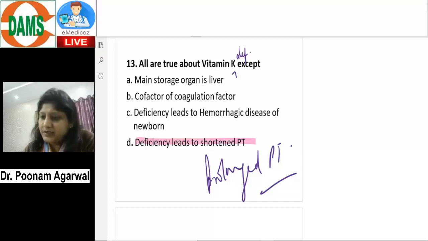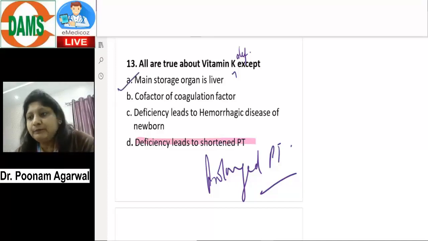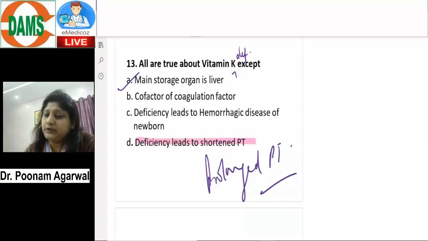And all the other statements are right regarding vitamin K, that the storage organ is liver. See, the fat-soluble vitamins A, D, E, K are stored in the body, and liver is the major organ which stores all these fat-soluble vitamins. So K is stored there, no doubt in that.